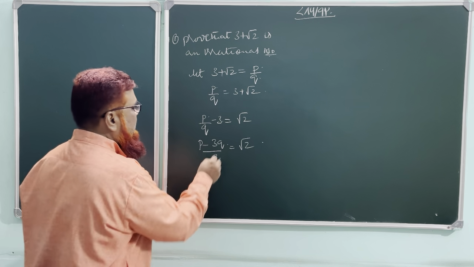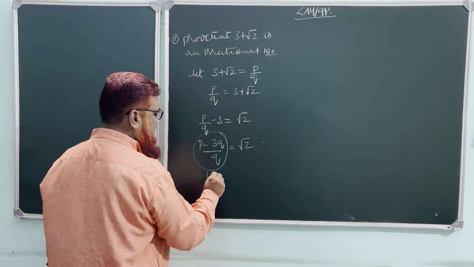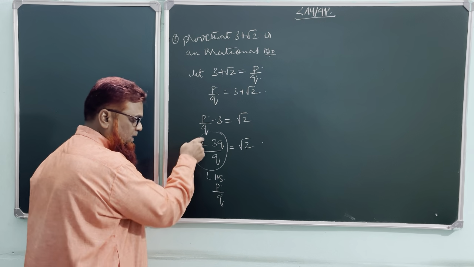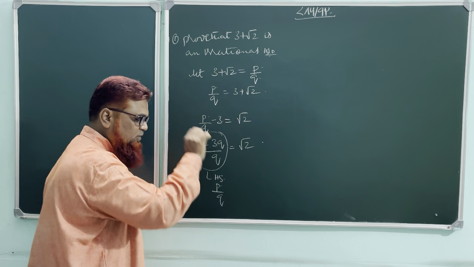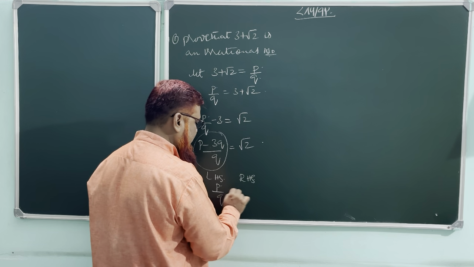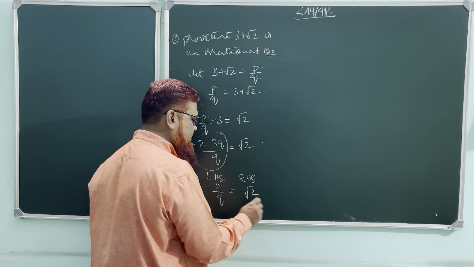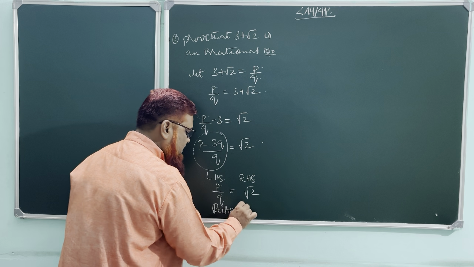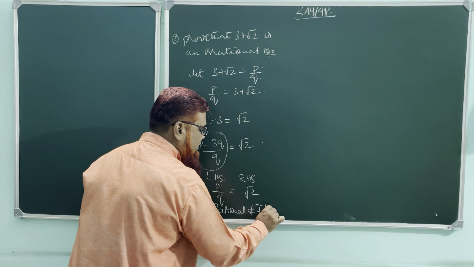On the left hand side, p by q represents a rational form, (p minus 3q) by q is rational, and on the right hand side it is root 2, an irrational form. So rational is not equal to irrational.